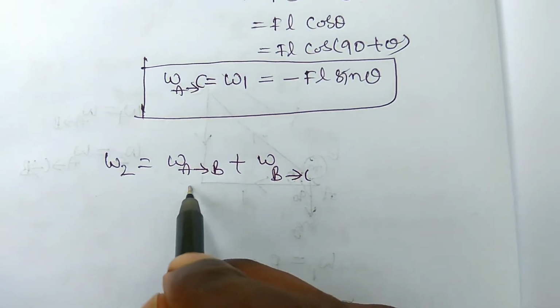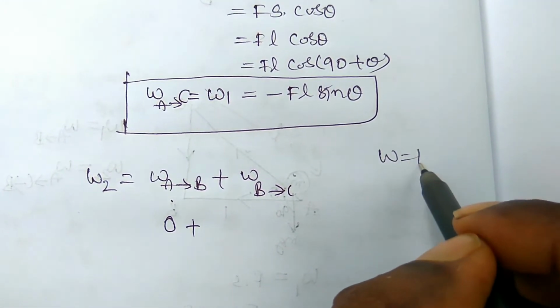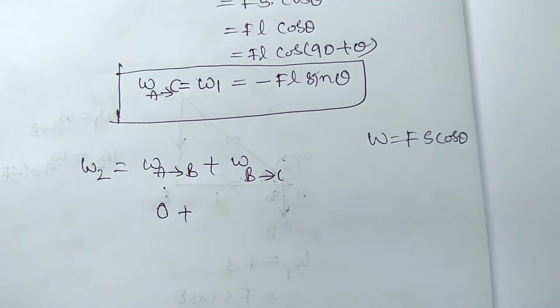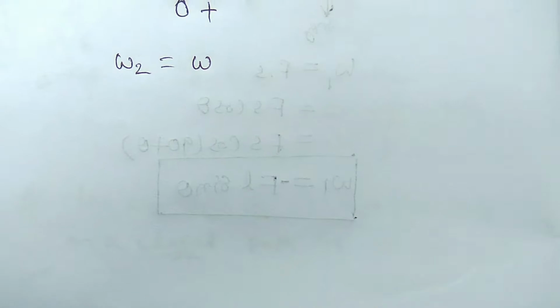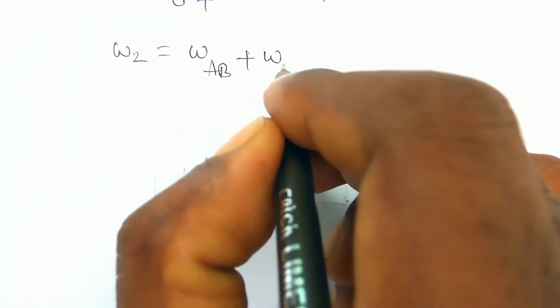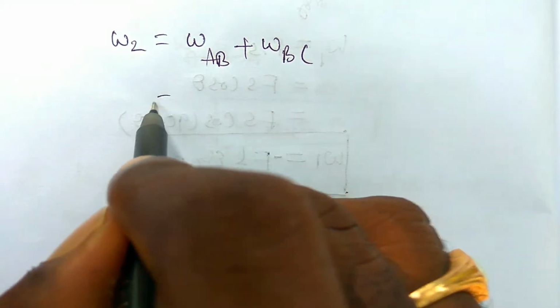W is equal to Fs cos theta, where theta is equal to 0. Now coming to path 2, it is the work done from AB plus the work done from BC.